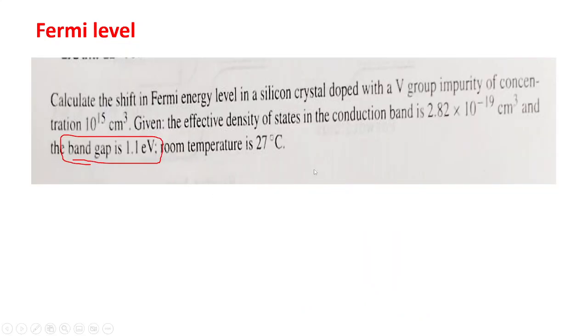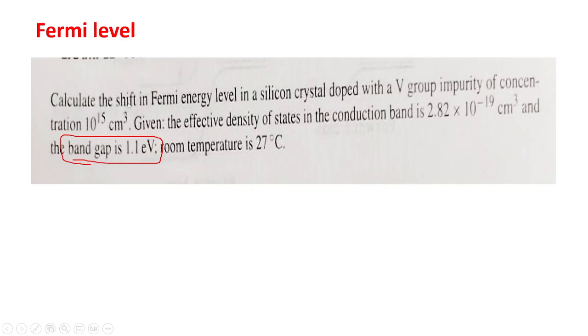Then we come to the value of Nd. The value of Nd is 10 raised to power 15 per centimeter cube, the concentration of the impurity, and the effective density Nc is 2.82 into 10 raised to power minus 19 per centimeter cube.